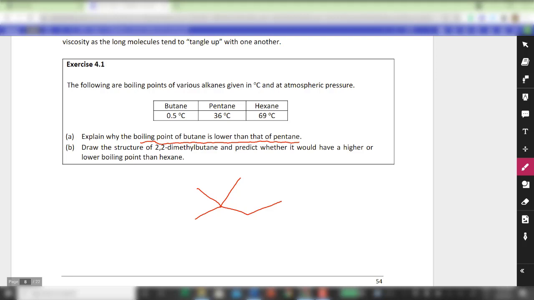So 2,2-dimethyl butane will form weaker dispersion forces, which means I need less energy to overcome them as compared to that between hexane molecules. Because of that, I wouldn't expect it to boil higher. Therefore, I expect it to have a lower boiling point than hexane.